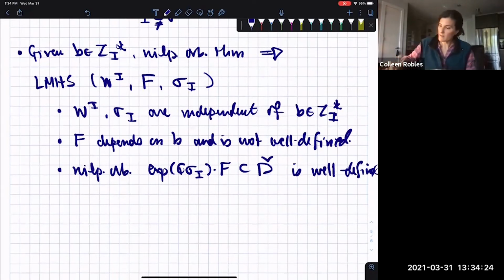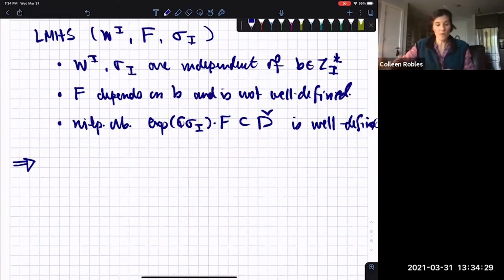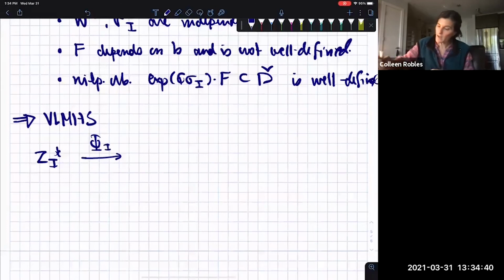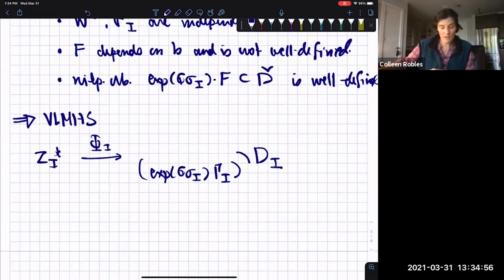The upshot of all of this is that I get on this open strata a variation of limiting mixed Hodge structures. This Zi star maps by phi I into, well, I have to mod out by the action of the cone, and I have to mod out by the action of the monodromy along the strata.